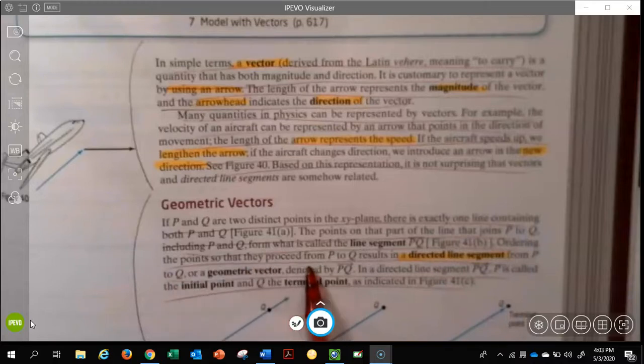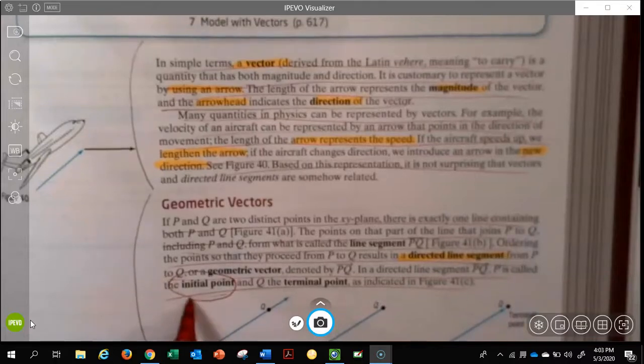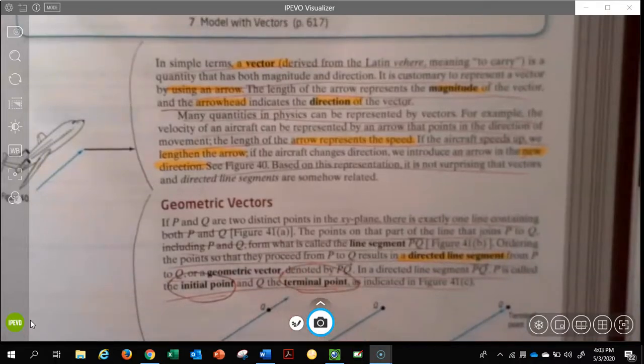Ordering the points so that they proceed from P to Q, it's a directed line segment. From P to Q, or a geometric vector, it's denoted by a ray, PQ, and a directed segment. We have an initial point, and we have a terminal point. So make sure you're jotting these things down, kind of thinking and pondering on these things.